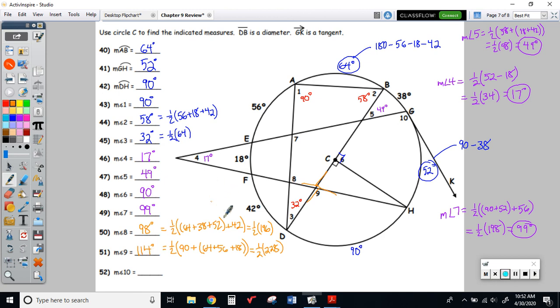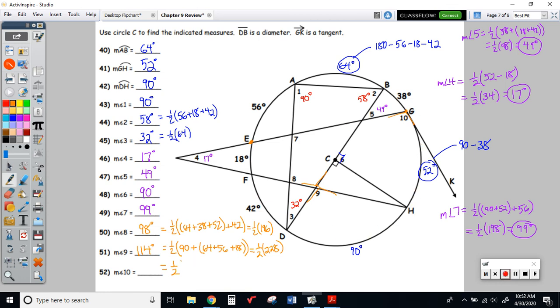And then finally, the measure of angle 10. It's not exactly an inscribed angle because it's a tangent and a secant rather than two secants, but it's the same formula as the inscribed angle, so it's just half of its intercepted arc. So half of angle 10, if you're looking at that, it cuts through from E and then wraps around back to G. So 18 plus 42 plus 90 plus 52.